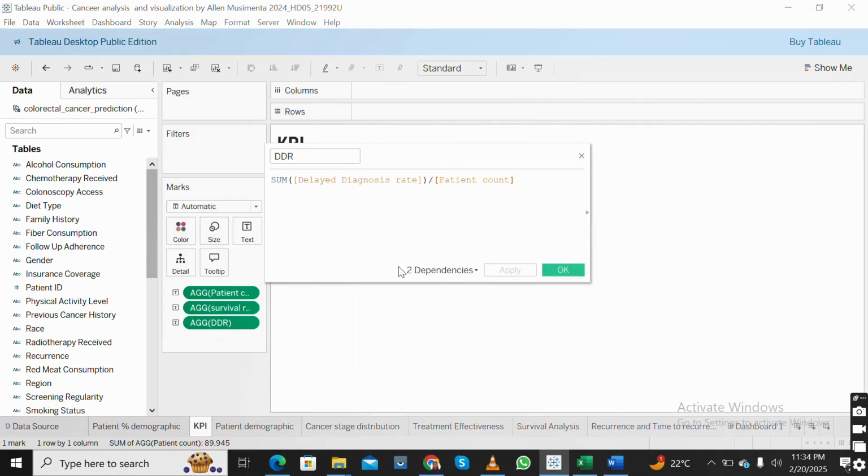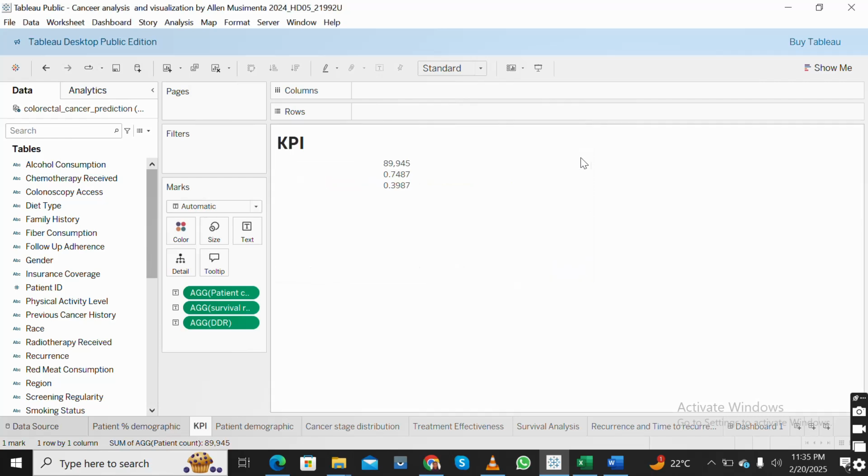So this is the calculation that I did, where the sum of the delayed diagnosis rate is divided by the patient count. After all this calculation, you say apply, and then okay. Because that is already done, we have the delayed diagnosis rate as 0.397.